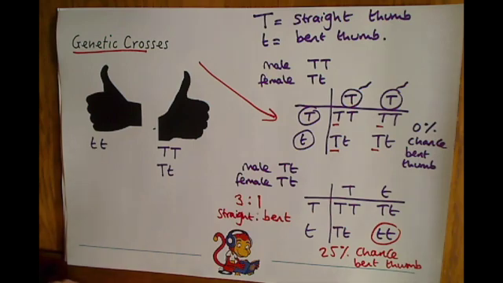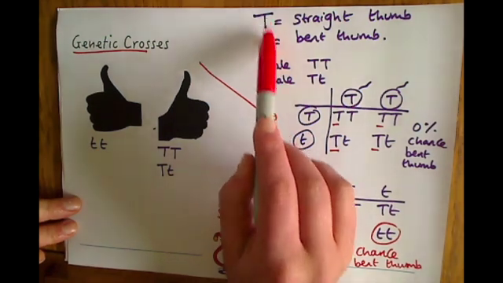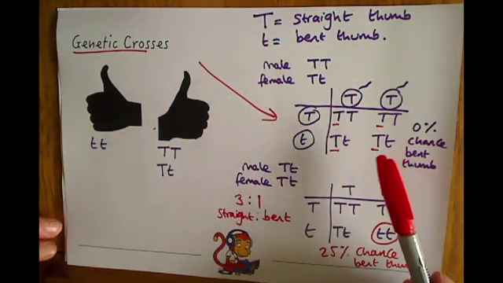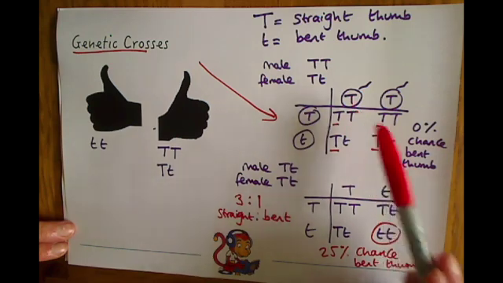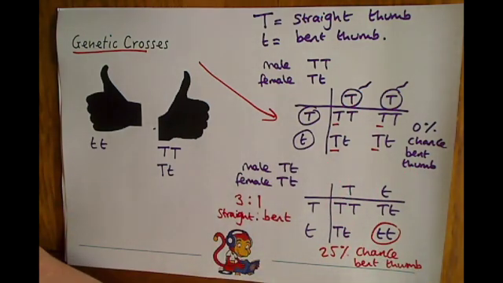And while it's not particularly important for parents to want to know about whether their child's going to have a straight thumb or not, where this does come really important is in predicting the chances of their offspring inheriting certain genetic disorders. Okay, and we're going to look at that in a couple of cases with cystic fibrosis and polydactyly in a next video.